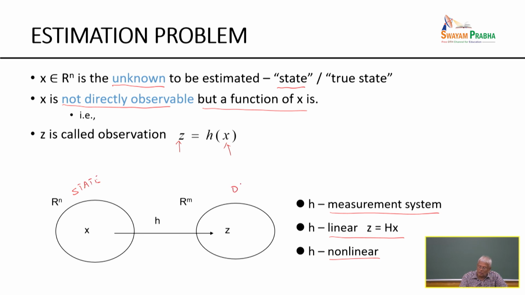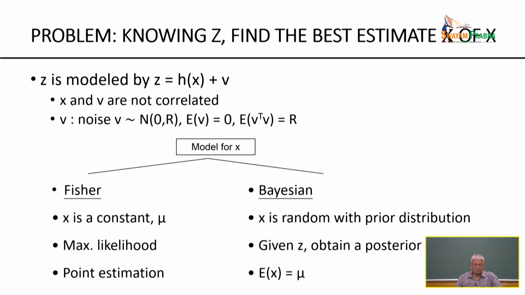This is what's called the observation space. And H is a mapping from state space to observation space. State space is Rn, observation space is Rm. Generally, Z, the observations, are affected by noise, and V is supposed to be capturing the measurement noise.